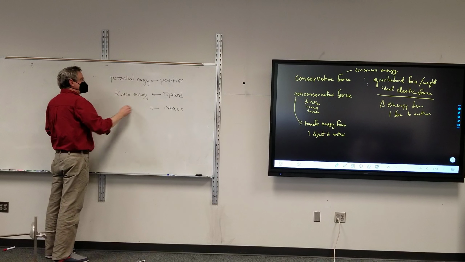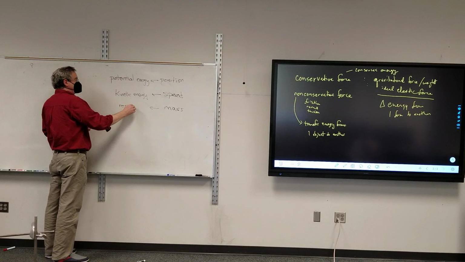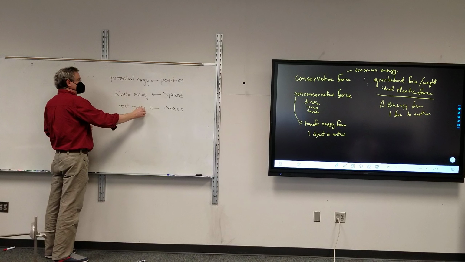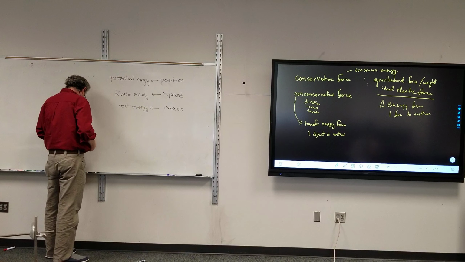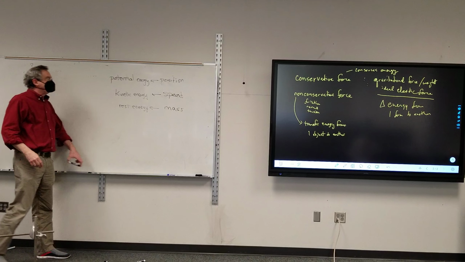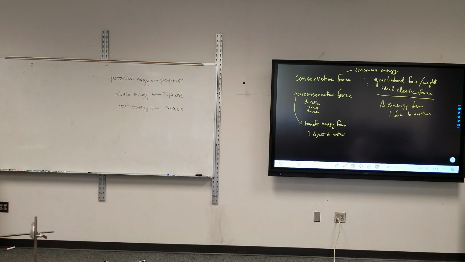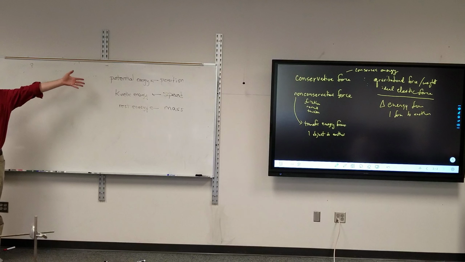And mass is associated with rest energy. So when an object is transferring from one form to another, it's going from one of these to one of the other ones.